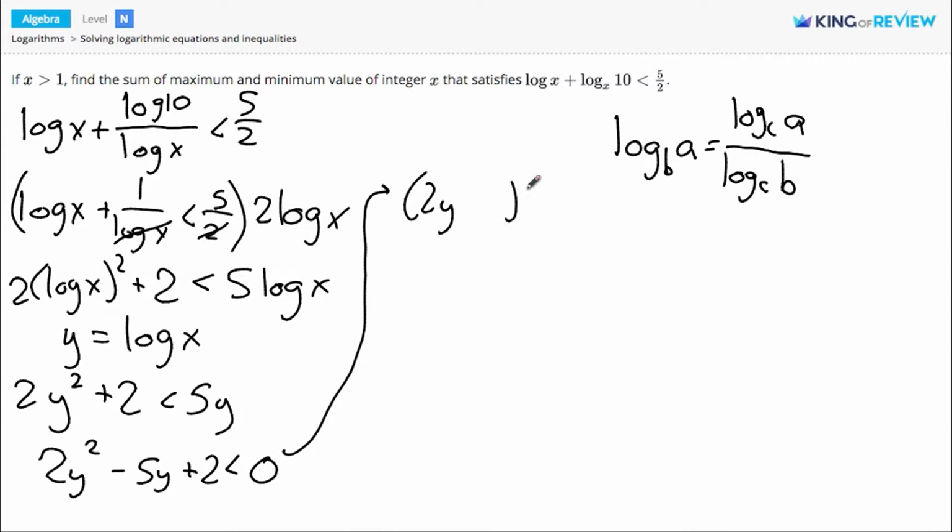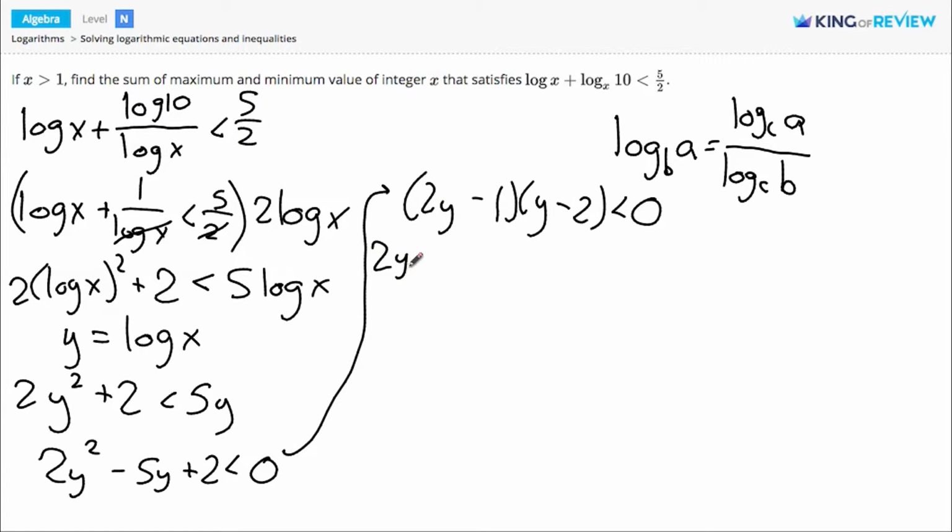2y times y is 2y squared, and by working a few numbers around, I can figure out that -2 and -1 multiply to give me +2, and if you distribute them, they'll add up to give me -5y. If this product is less than 0, if this product is negative, that means one of two things is happening.